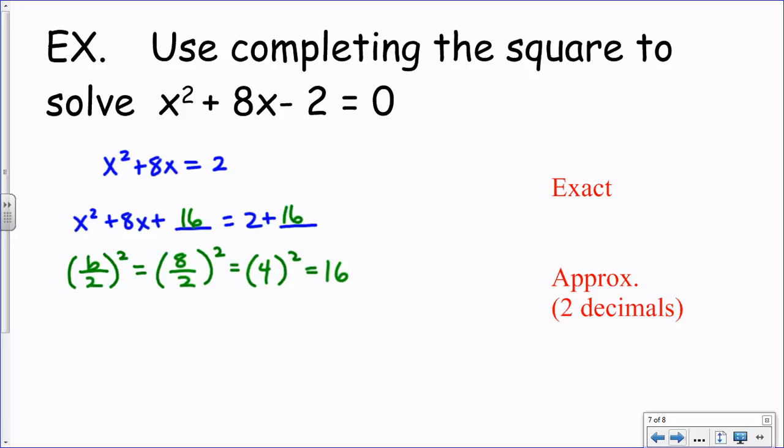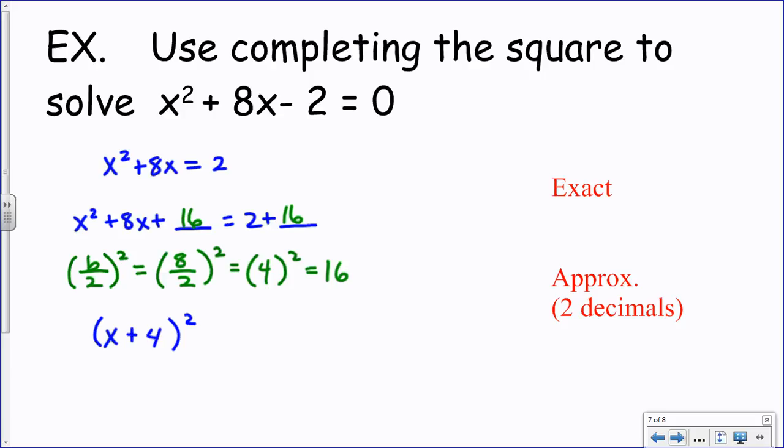So I put the number that I needed, so this would factor to a binomial squared. So this will be x plus 4, right?